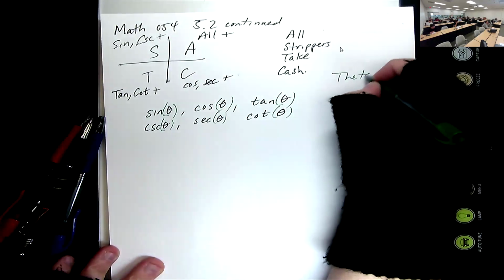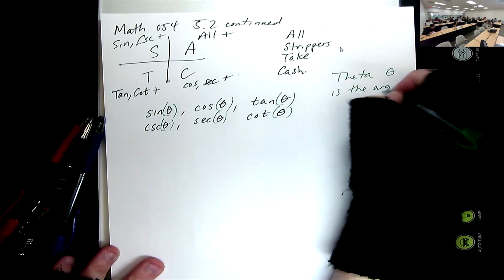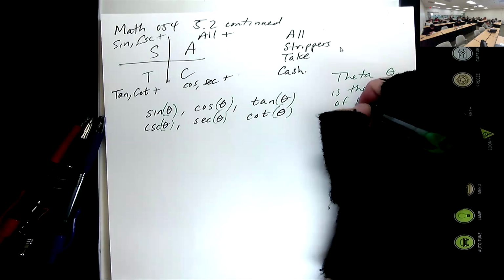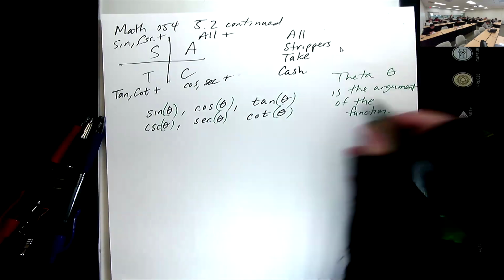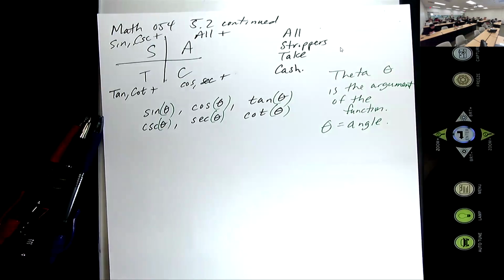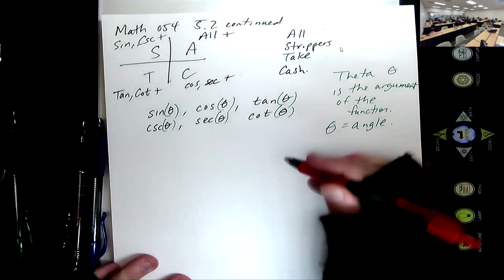Theta is the argument of the function. That's what it's called, argument of the function. It's the angle. And theta can be anything. Theta can be a wide range of numbers.